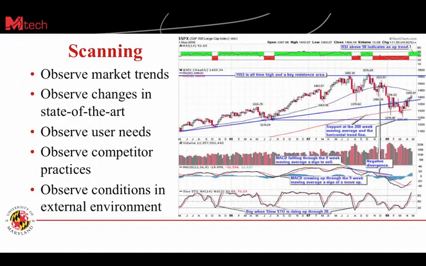So let's start with scanning. That's the first step that typically happens in an innovation. This is where an organization observes market trends, observes everything that's going on in its external environment. User needs, competitor practices, changes in the state of the art of technology.